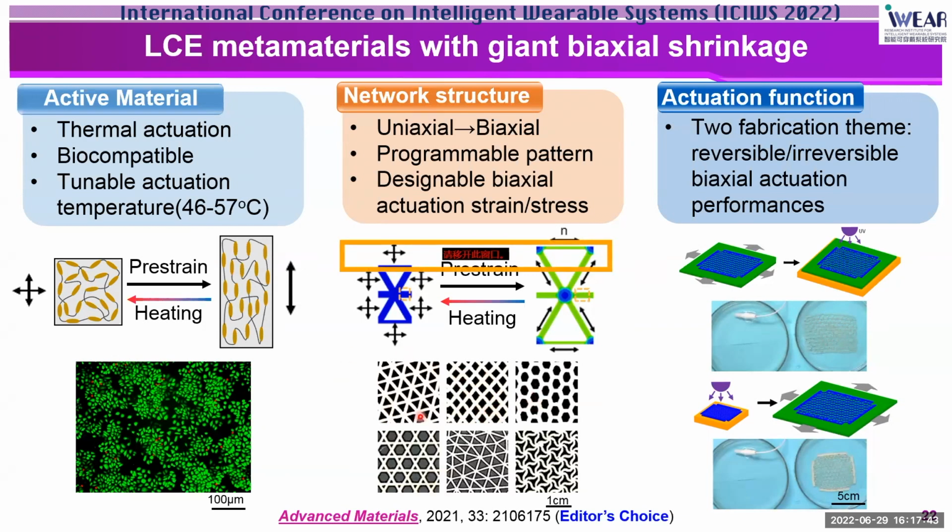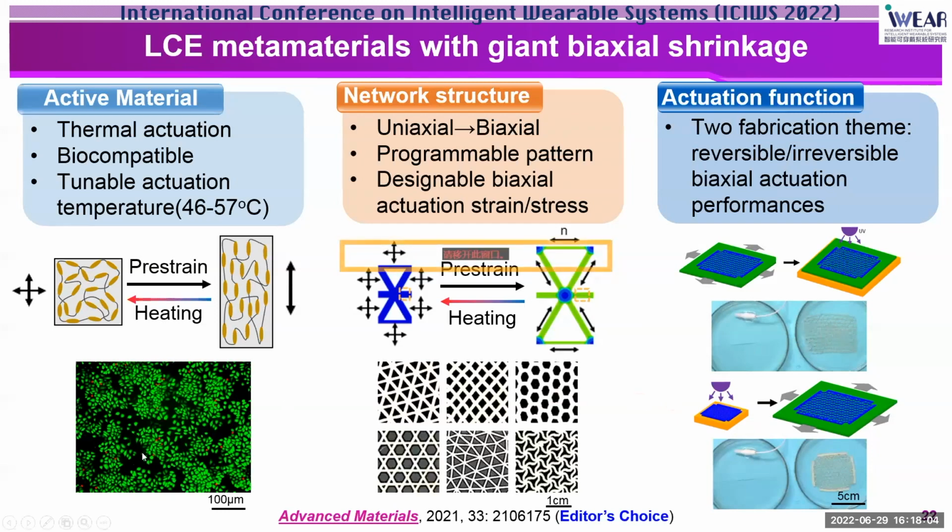And this design can enable a regular local liquid crystal alignment along the length direction after biaxially stretching the entire network. And this can allow access to unprecedented biaxial actuation capabilities.